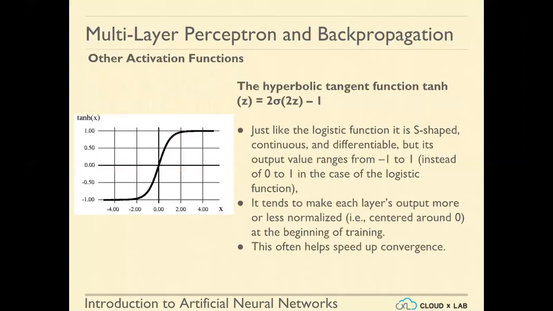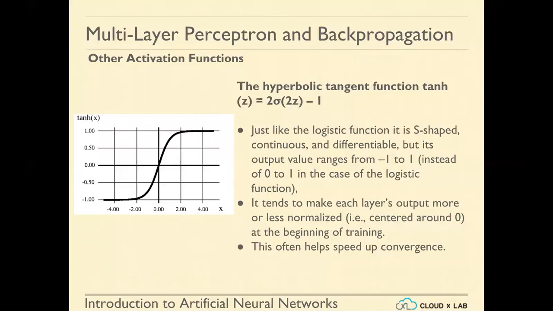One of the very important activation functions is the hyperbolic tangent function, tanh. Just like the logistic function, it is S-shaped, continuous, and differentiable. But its output ranges from -1 to 1 instead of 0 to 1 as compared to the logistic or sigmoid function.